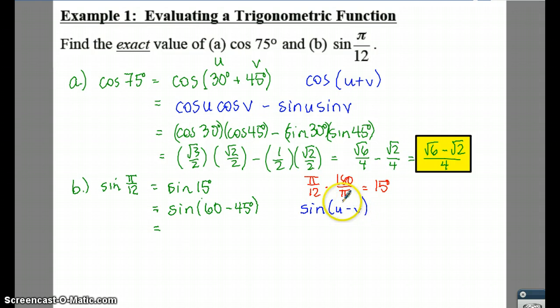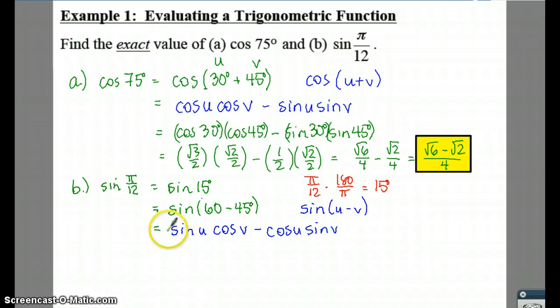So your formula for the sine of u minus v is just going to be the sine of u times the cosine of v, minus the cosine of u times the sine of v.